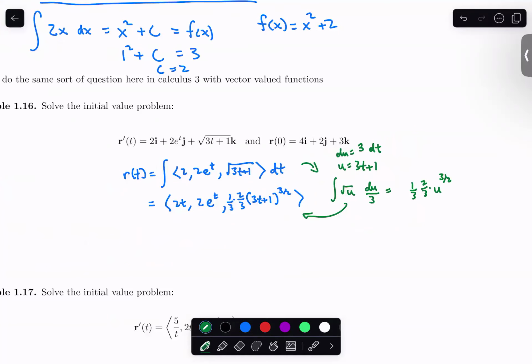Just like in Calculus 1, and it was already asked, in fact, you should have plus a constant of integration. But the constant of integration doesn't need to be the same for each one of these things.